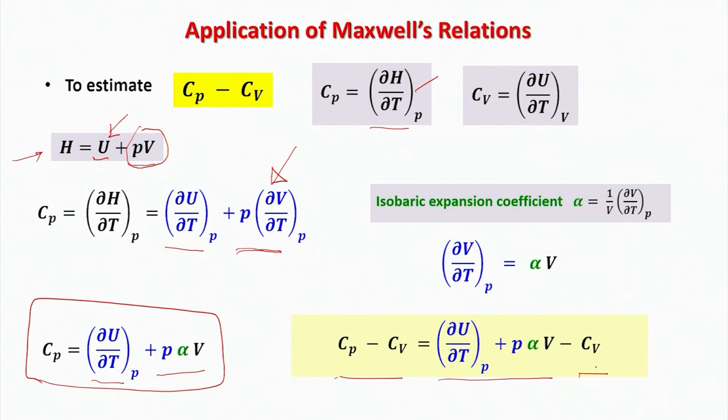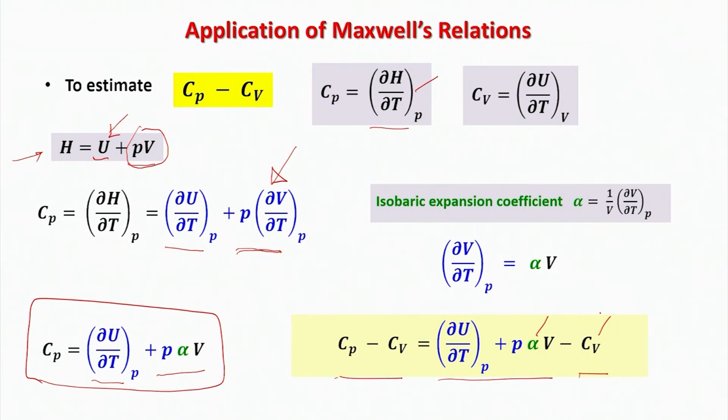Now, I will take over from this expression where I understand that for a given state of the system defined by P and V, if I know alpha and if I know Cv, I know the two terms present in this equation.